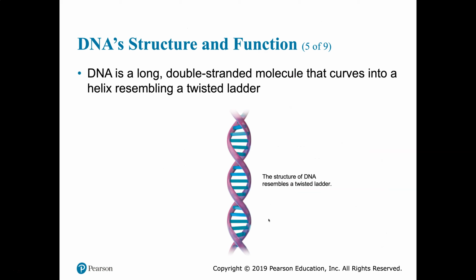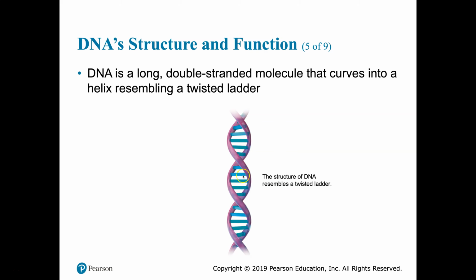And you can see here, this is the double helix structure of DNA. This is the backbone, the purple piece. And then the lines are your base pairs matching. Okay.